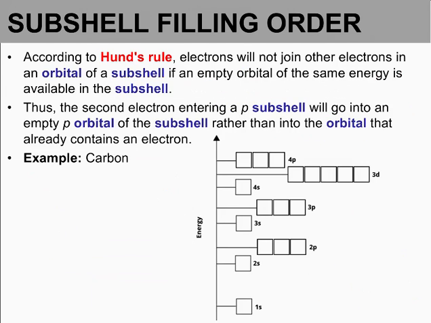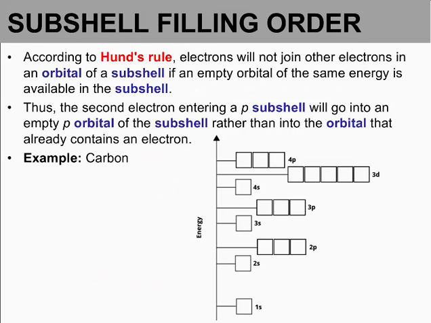All right, and then the other rule, Hund's rule: electrons will not join other electrons in an orbital of a subshell if an empty orbital of the same energy is available in the subshell. So this is a long way of saying that electrons would prefer to be in their own orbital, because remember, electrons are all negatively charged, so they naturally do want to be far apart from each other.